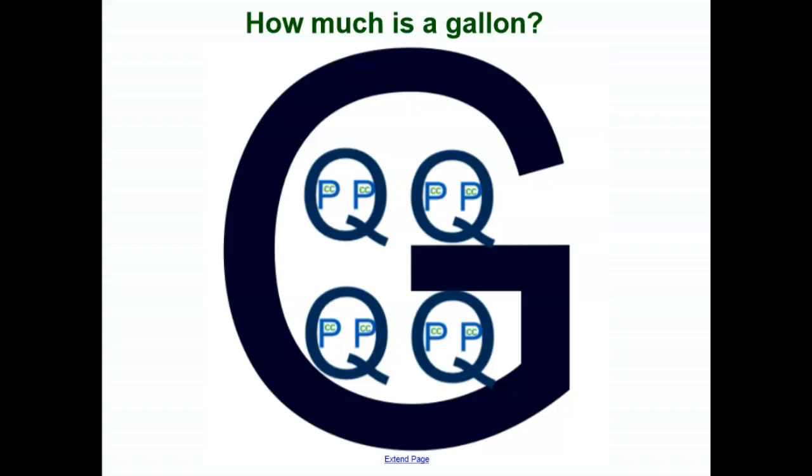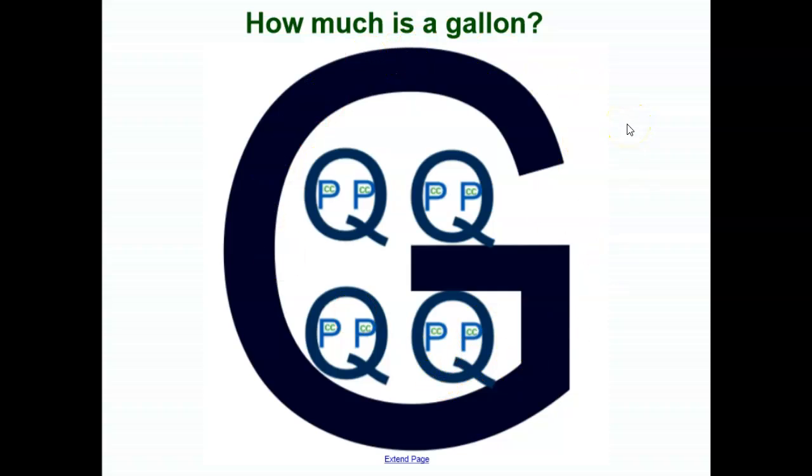This is another way to help you remember. So I know G stands for gallon. So I know there are 4 quarts in a gallon. I know there are 8 pints in a gallon. And I know there are 16 cups in a gallon.